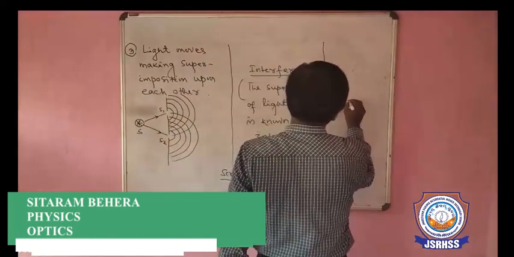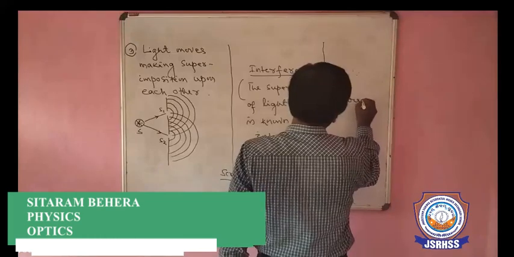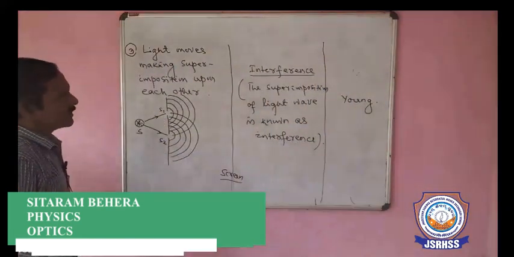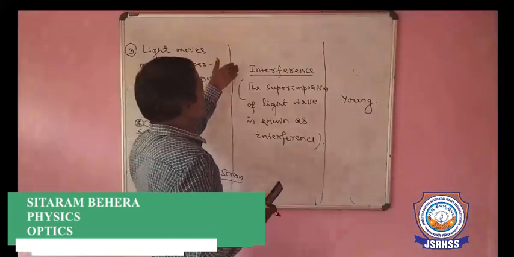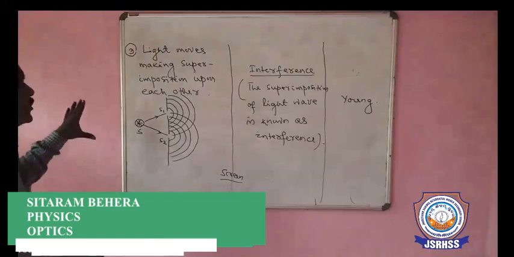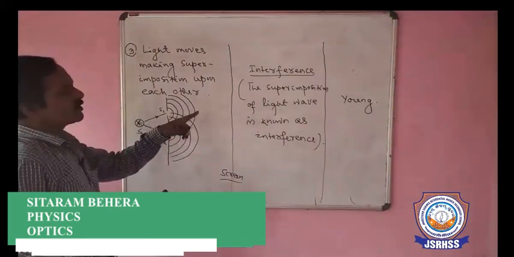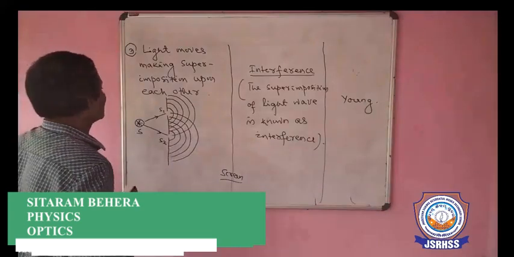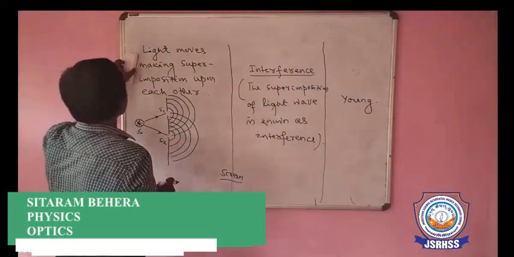It was suggested by the scientist Young. I will tell later on about the interference in detail, but now you just know the superimposition of light wave is known as interference, and it was suggested by the scientist Young.